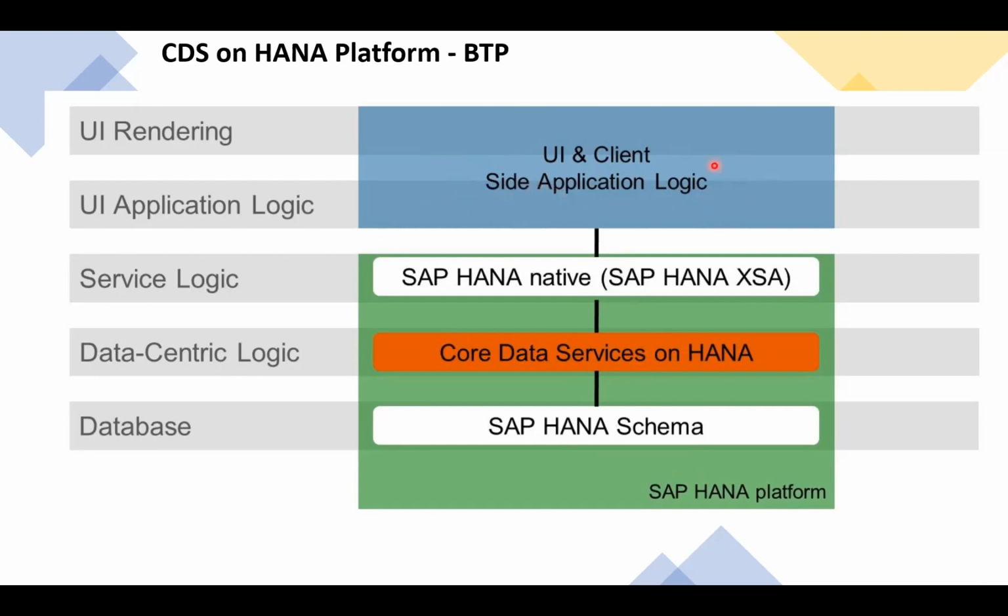The source code of the application will be pushed into the database itself. The complete thing will be running on the XS engine, including the application. So we can imagine how big the improvement would be.